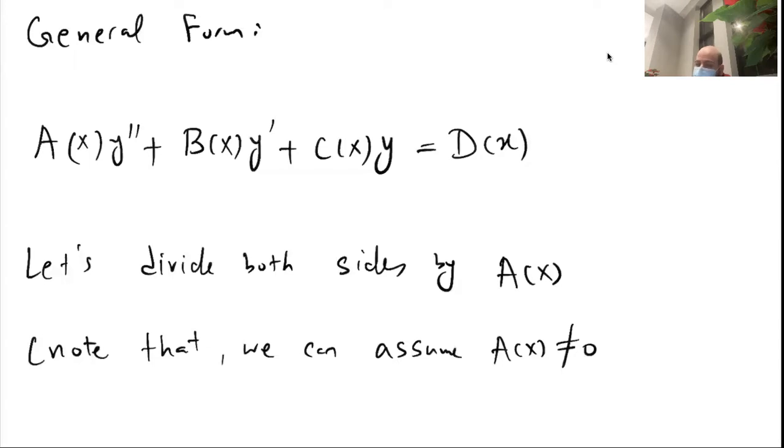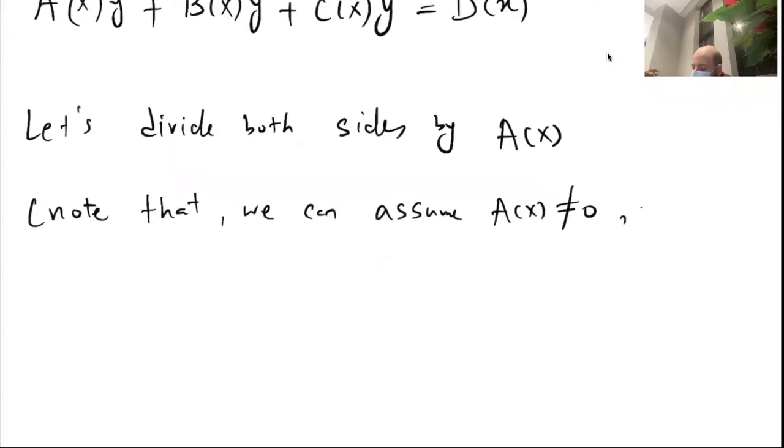But right now, we're assuming that you have a second order ODE, right? Because first order ODEs we dealt with in the first chapter, and right now we want to look at the topic of second order ODEs. So that's why we can assume that a of x is non-zero. If it's 0, then we don't have a second order ODE, we'll have a first order ODE, and we already studied first order ODEs before.